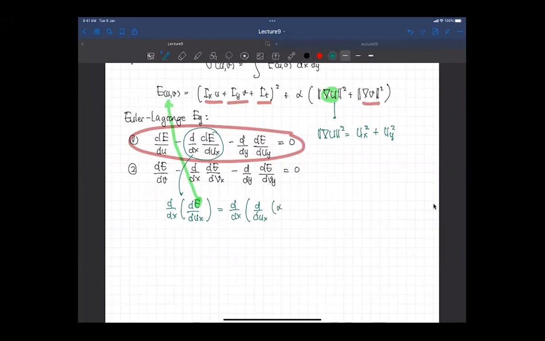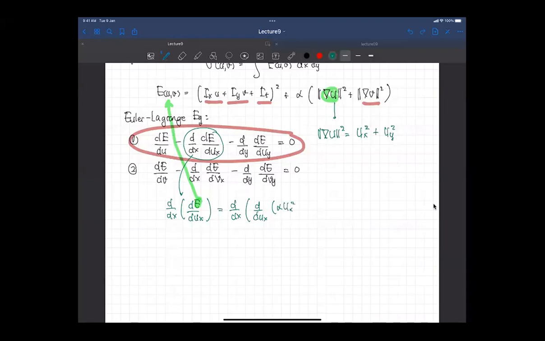Alpha will still be there, I think, multiplied by, so let me see, ux squared. So this one should be the derivative.